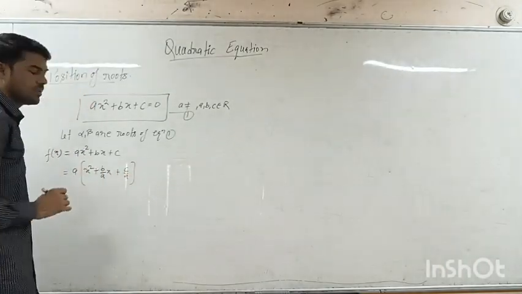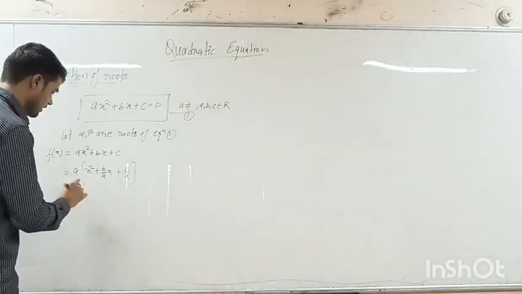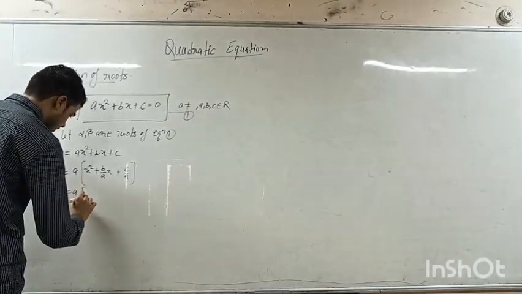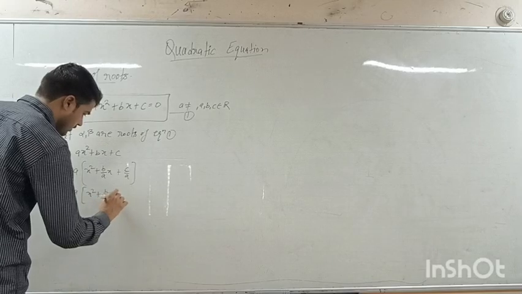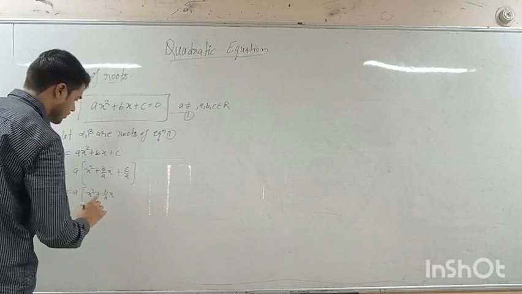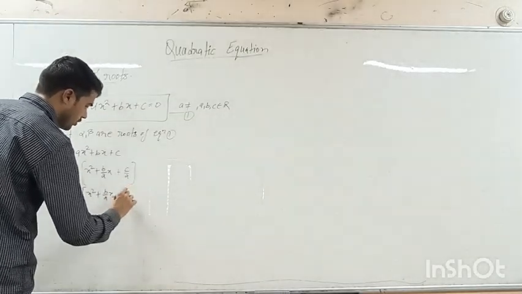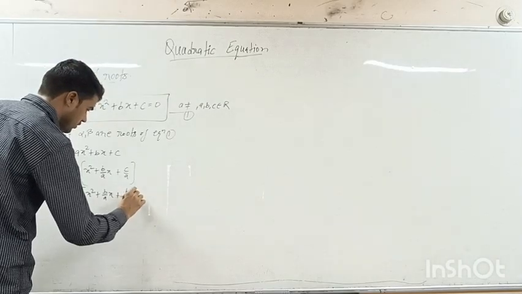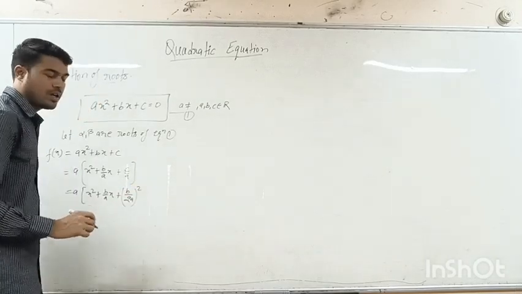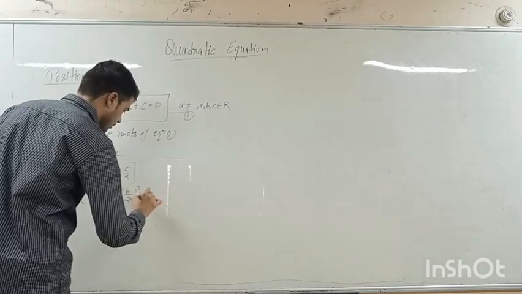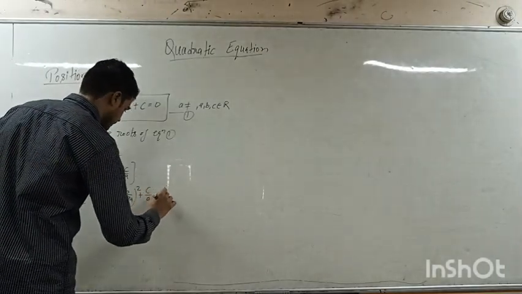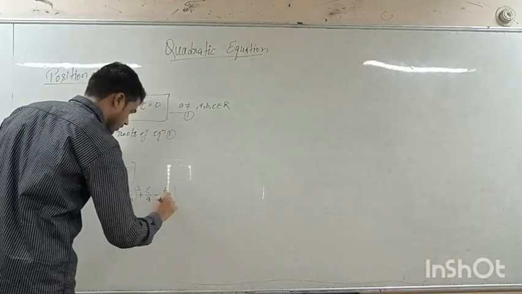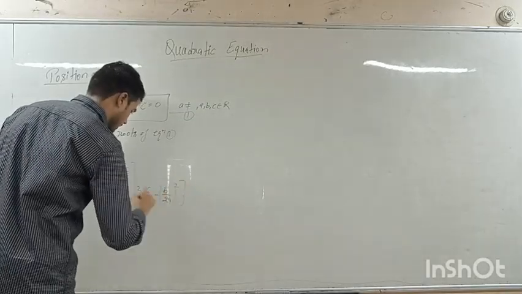We will make it a perfect square: x square plus b by a x. For a perfect square we need to add (b by 2a) square, and we subtract (b by 2a) whole square as well.